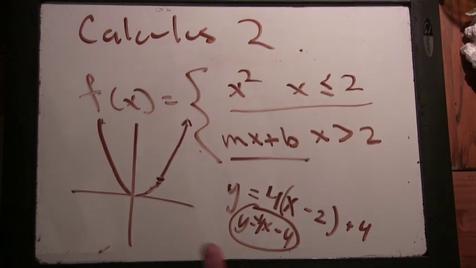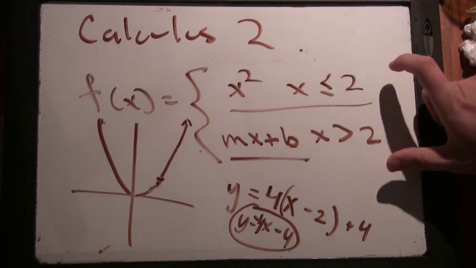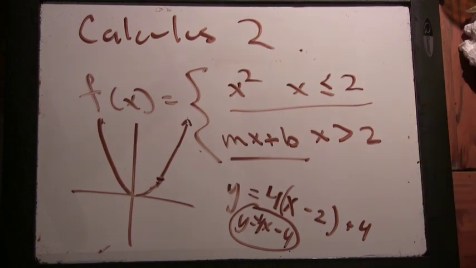Does that line pass through the point 2, 4? Yes. So since that line passes through that point, what does that mean about this function defined this way?